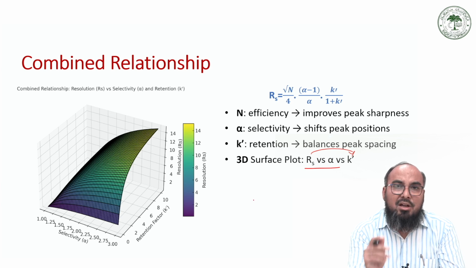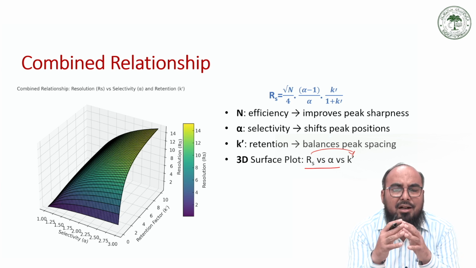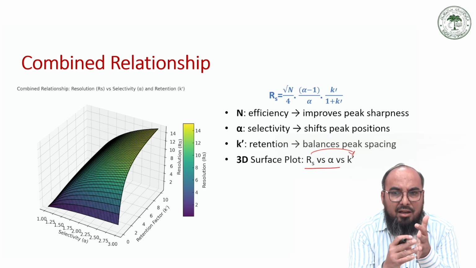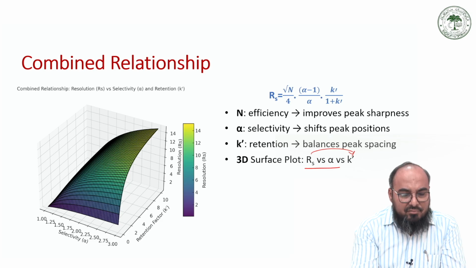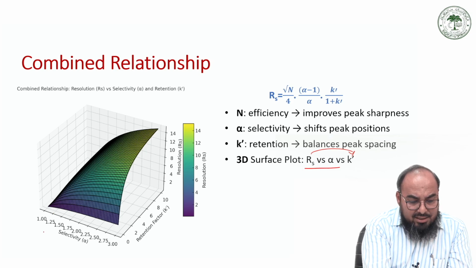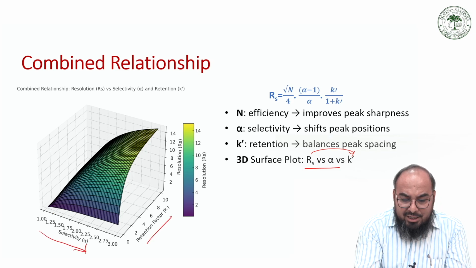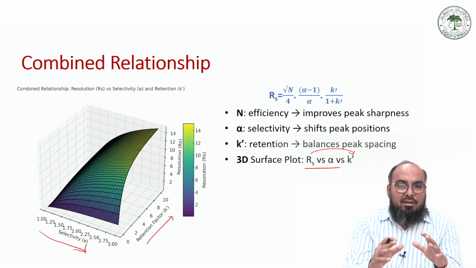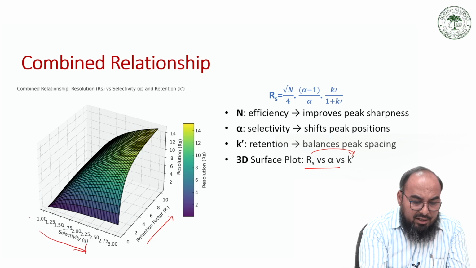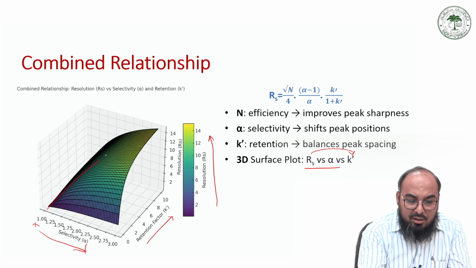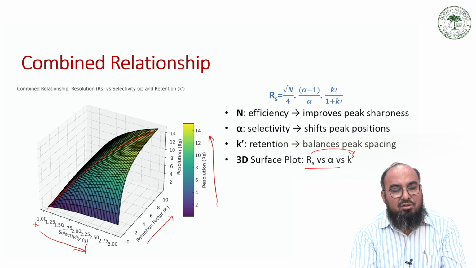So it gives you a clear-cut picture, a clear-cut relation between n, alpha and, of course, k. You can see that selectivity and retention are moving in a linear way, but in terms of selectivity with regard to the resolution, they have an exponential growth, which we have already talked about.